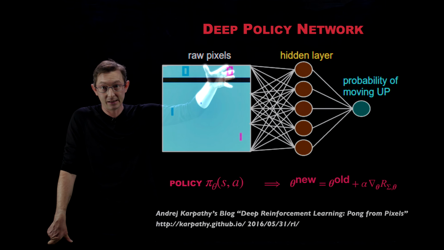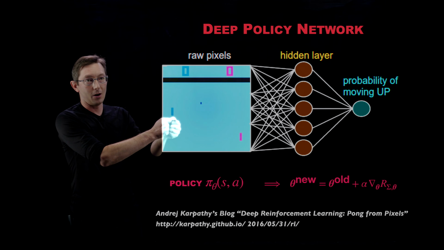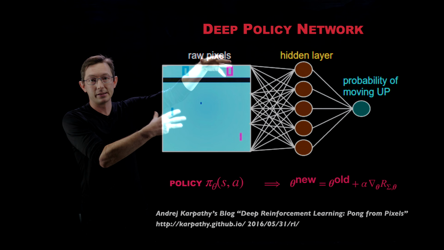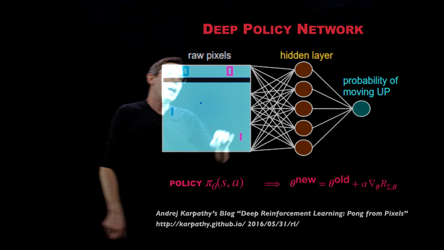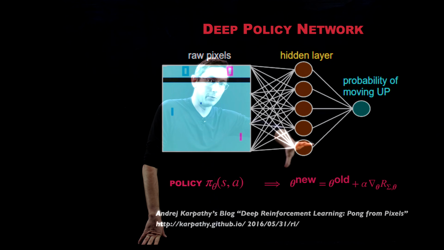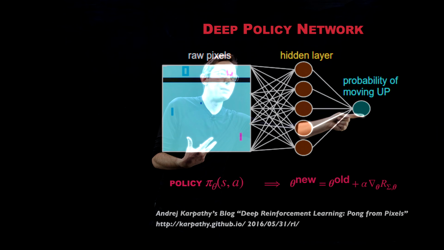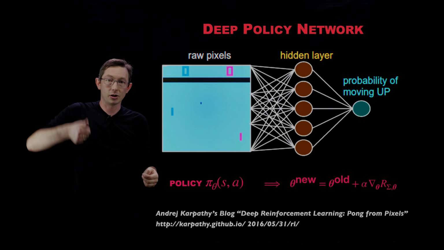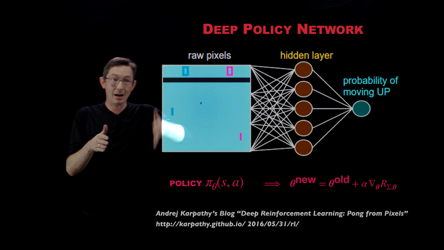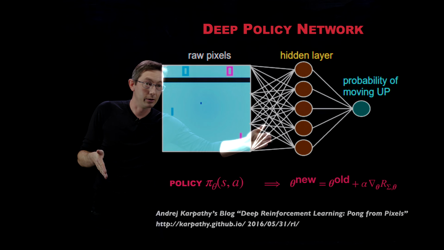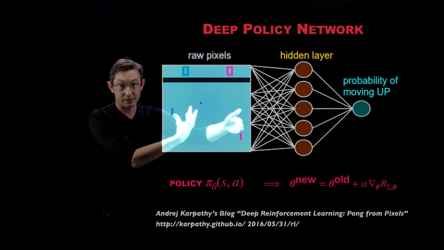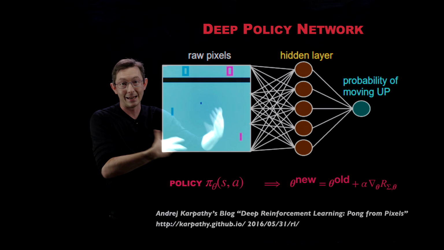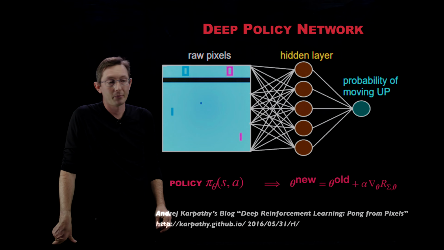This is pixel space, so there are over 1,000 pixels in this image that are input into this policy network. Then the policy network is optimized to make the best decision of whether or not I should move my Pong paddle up or down. You're this character on the right, and all you have to do, based on the current pixels, is decide the probability of moving up or down, and then take an action based on that probability.